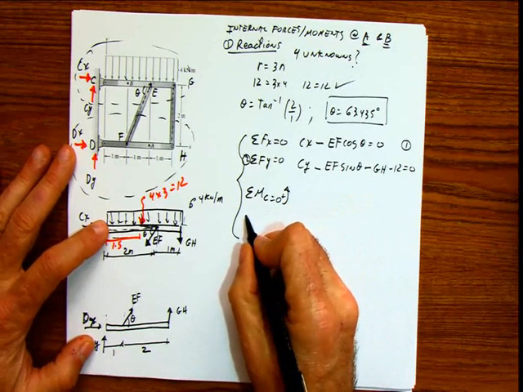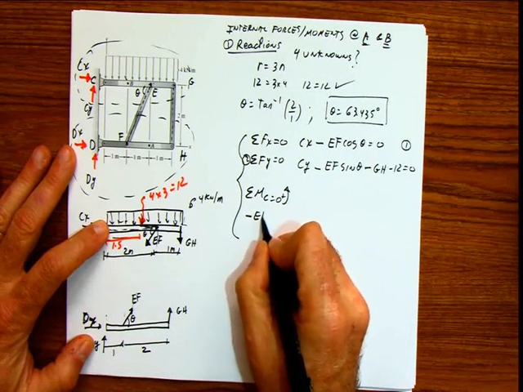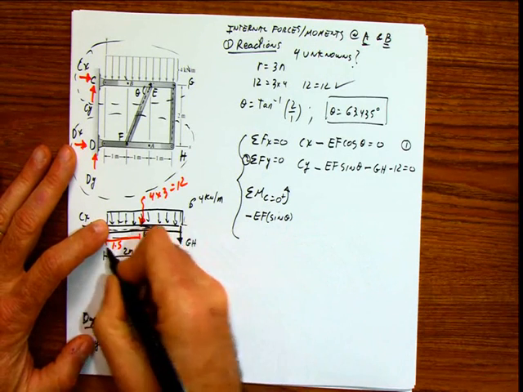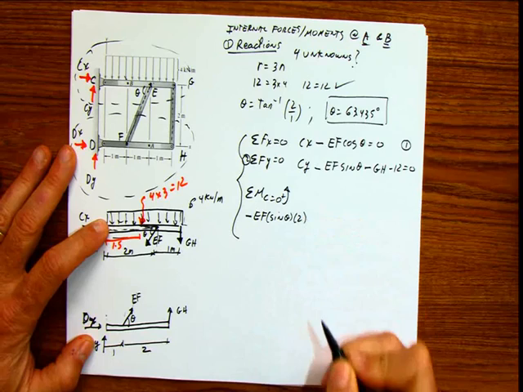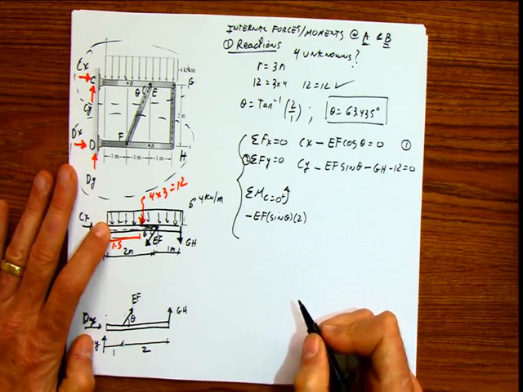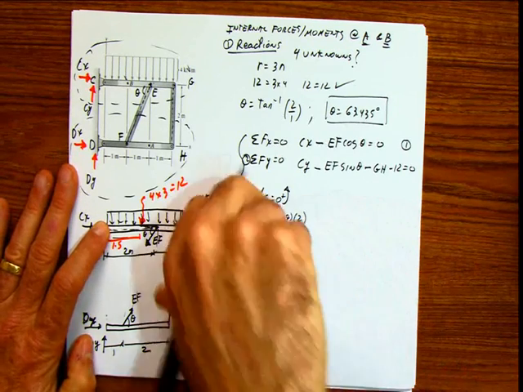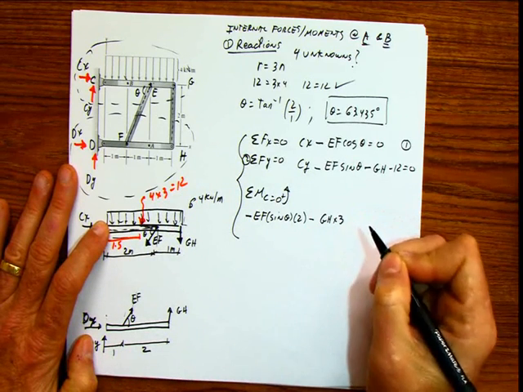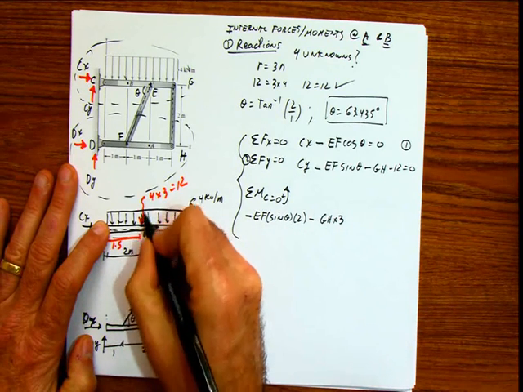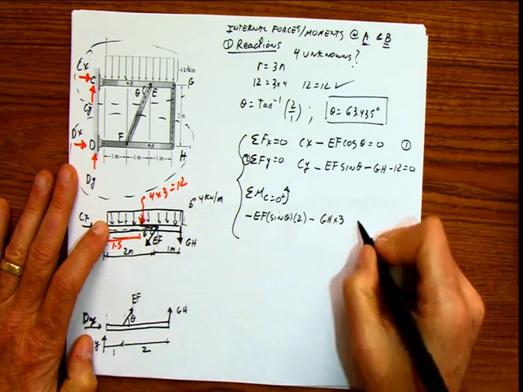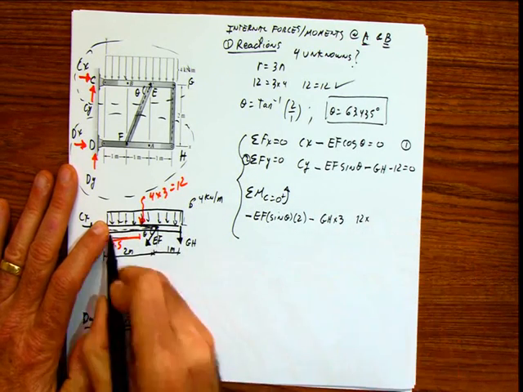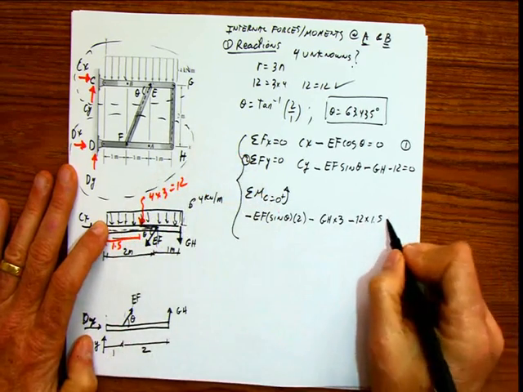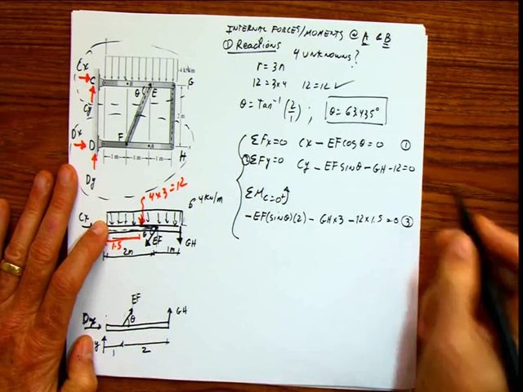So it's going to be negative EF multiplied by sine of the angle. That is the vertical force multiplied by 2, which is the distance. What else? GH, negative also, times 3. And this force, 12, times the distance, 1.5, and also negative because it's in the same direction, equals 0. And I'm going to call this 3.